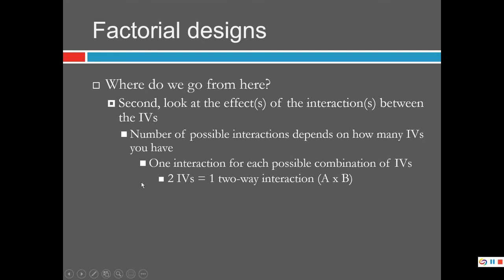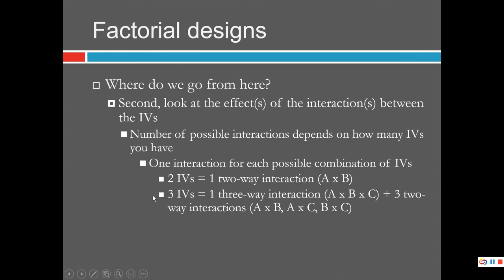But, as has kind of become a theme in this class, as you add complexity, it gets more complicated very quickly. If you have three independent variables, it's not just that you have one additional interaction. It gets a lot more complicated.